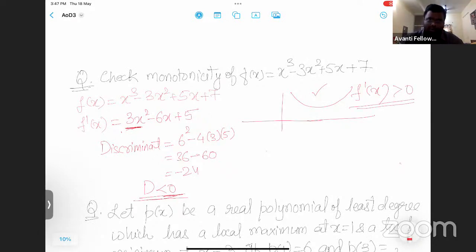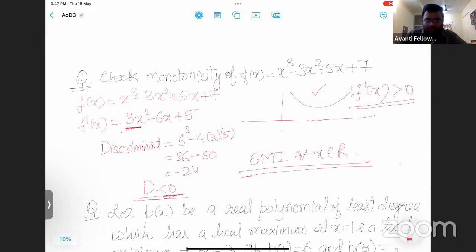If the derivative is always positive, what can we comment about the function? It's strictly increasing for all x belonging to R. So the given function is monotonically increasing for all values of x. Clear?